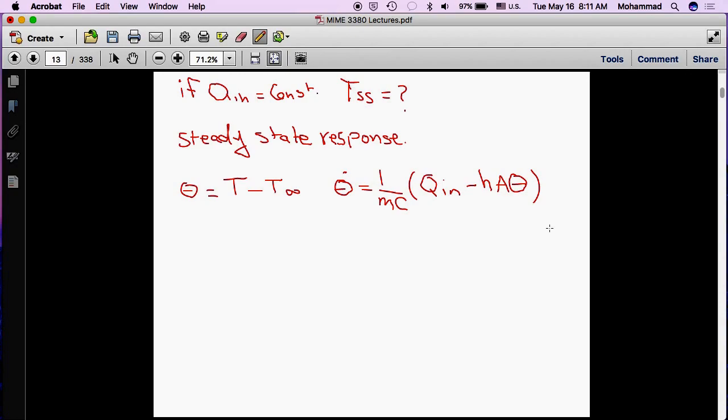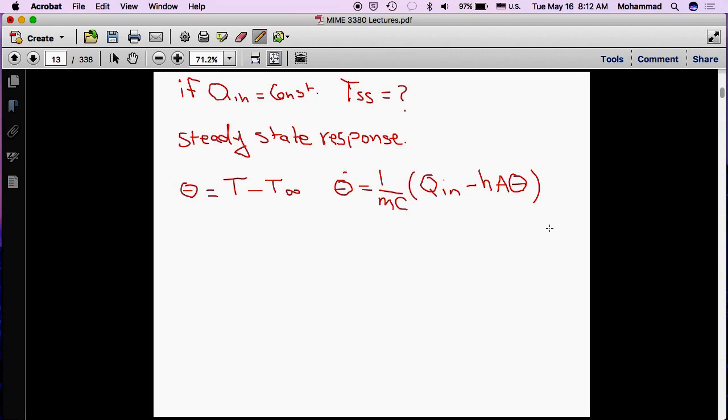Over time, it will cool off until what happens? Until the temperature of inside and outside are equal. Can this model describe that situation? It can. If you let Qn be equal to 0 and theta be a positive number, which means the temperature of inside is more than the temperature of outside.